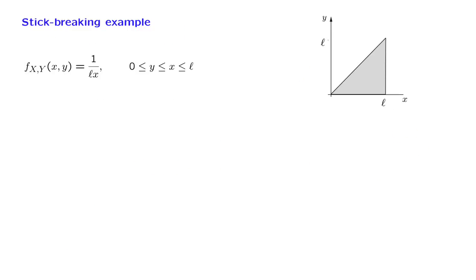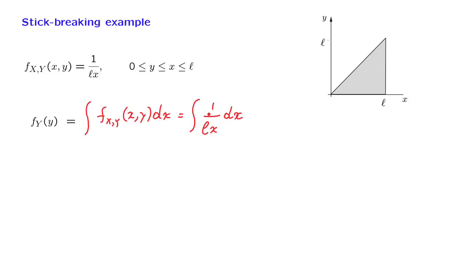Let us now continue with some calculations. Let us find the marginal PDF of y. How do we do it? Since we have in our hands the joint PDF, we can find the marginal by integrating the joint, and in our case the joint is equal to 1 over Lx, and we integrate over all x's.